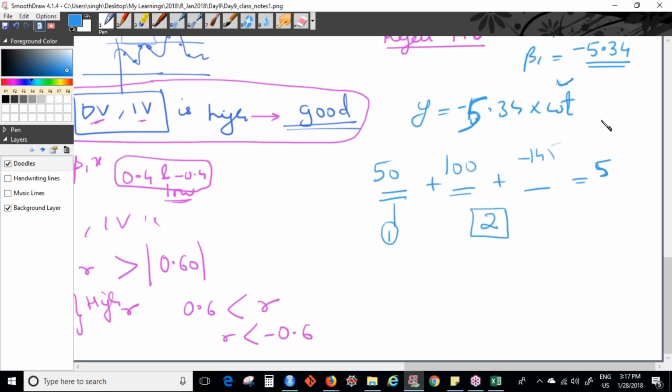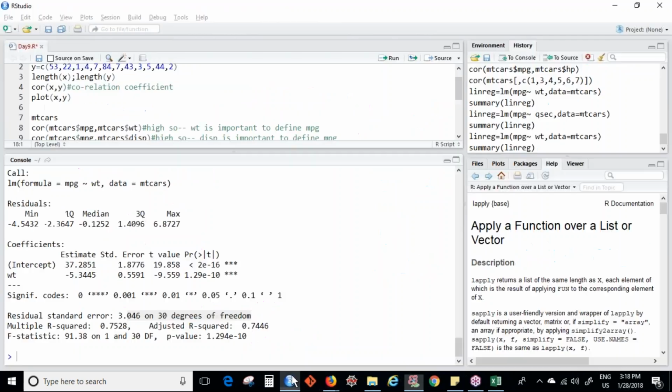So on similar lines, in a linear regression or in a data frame, your degrees of freedom is number of rows plus number of columns minus 2. This is your degrees of freedom. So in this case, how many rows do we have?